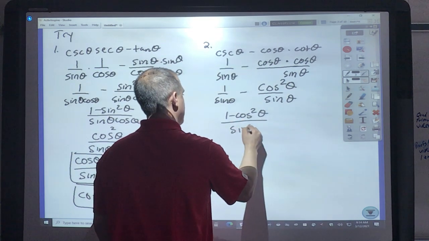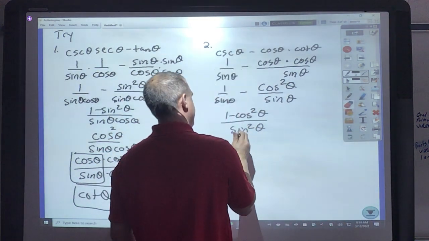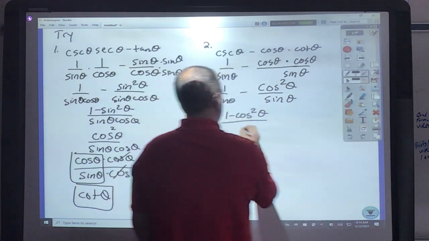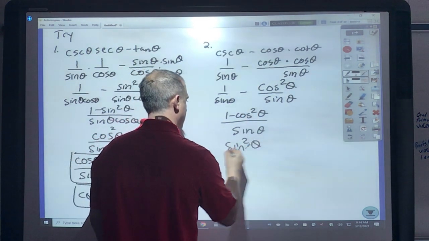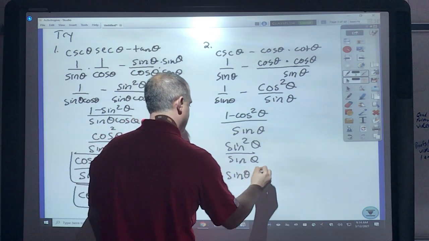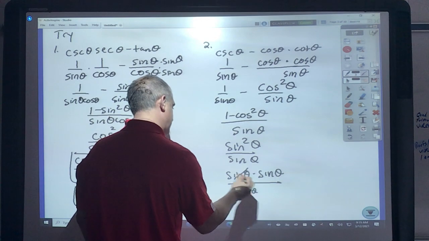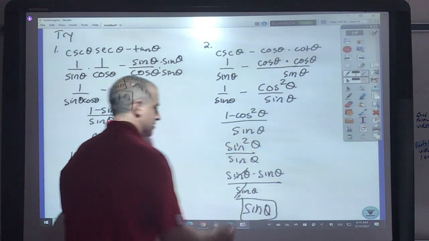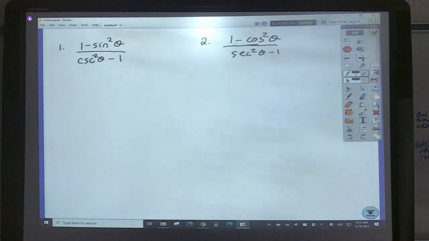Sine squared. Oh no, not sine, sorry, sine. Well, what does this equal? Sine squared. What can I do with that? I can write that as sine of theta with a sine of theta here. So what happens? That goes away. The only thing left over is sine of theta. It's definitely going to take some practice.